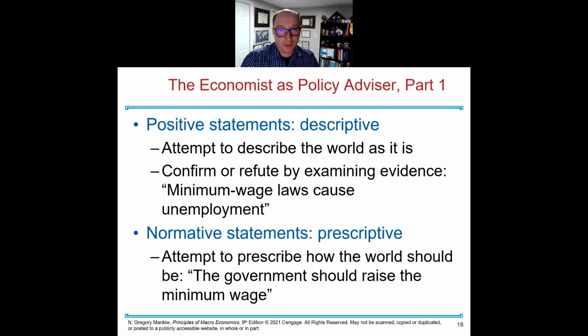In economics, we look at what people are saying. Remember, economics is the study of the economy. Okay? And in the economy, people say things that are positive or negative. For example, you may have just heard that next month in September, the Federal Reserve is going to cut interest rates.